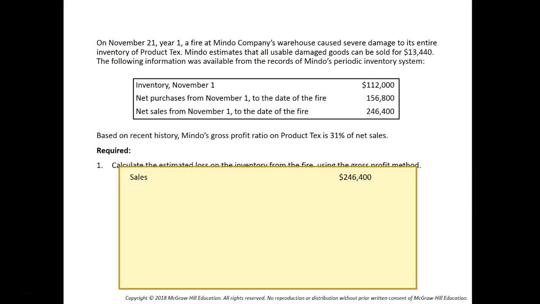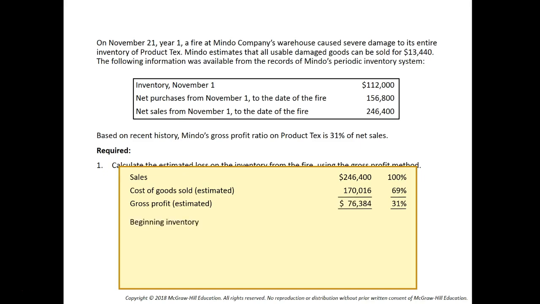So we've got our sales of $246,400, and if our profit is 31%, then that means our cost of goods sold needs to be 69%, or $170,016 estimated. The difference would be the gross profit.